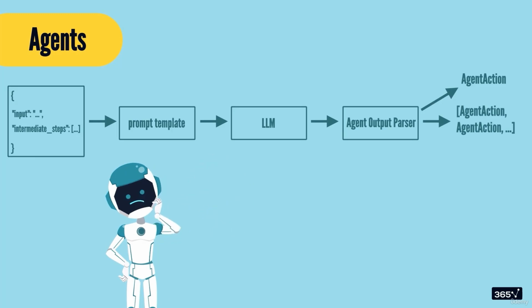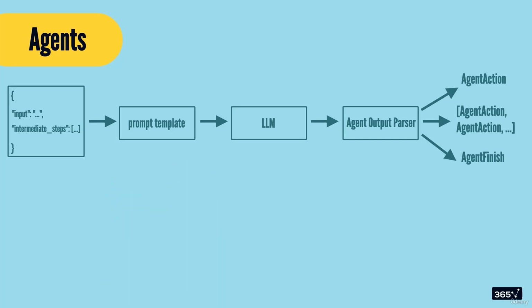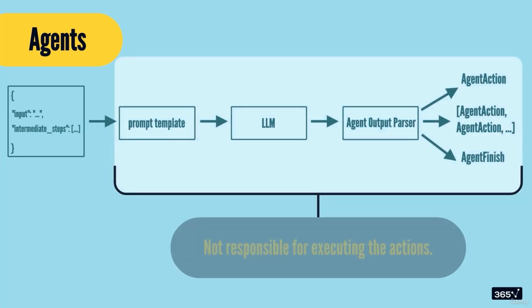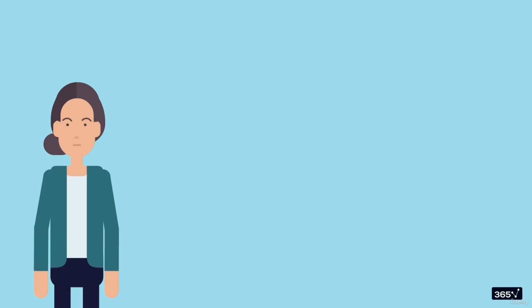And if the task is completed and no further action is required, the parser will return an agent finish object, holding the final response. It now becomes clear that the agent chain is not responsible for executing the actions. This is left for an agent executor to handle.